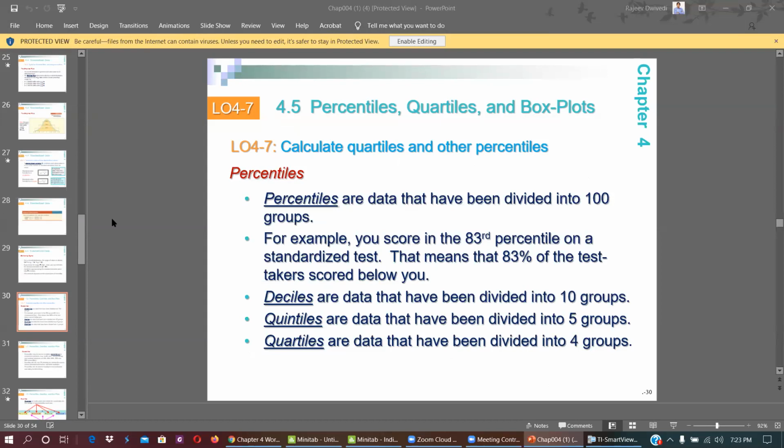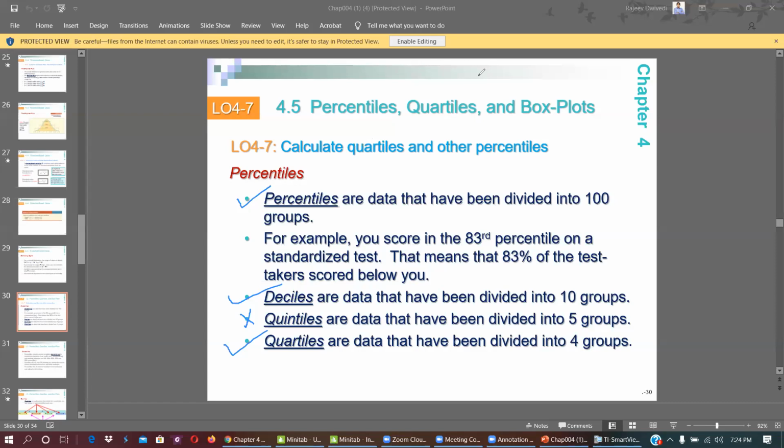Percentile is 100 pieces, decile 10 groups, quartiles 4 groups, quintiles 5 groups. Quintiles we don't use often. However, these three are very important. Is it clear? Because in the assignment you will have questions in a Word document based on that.